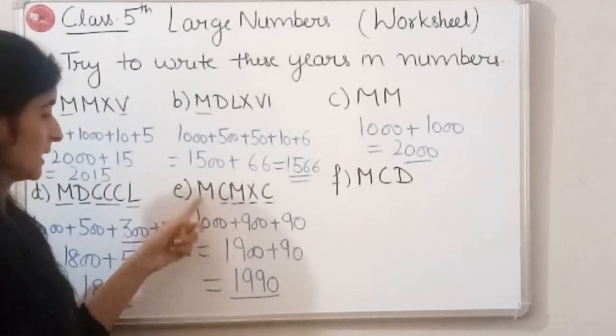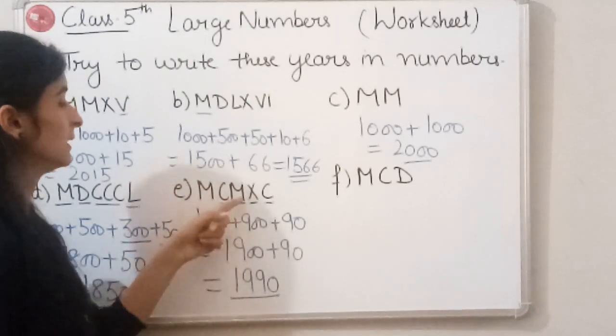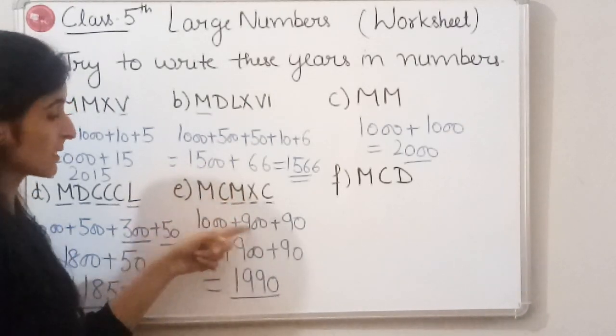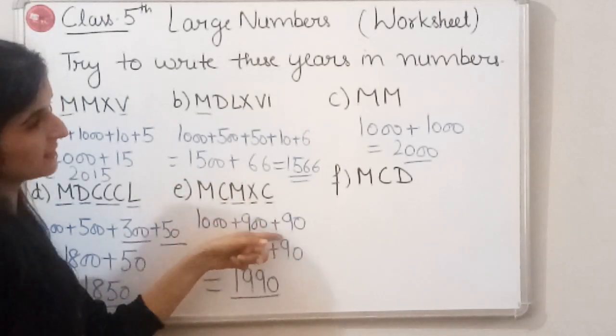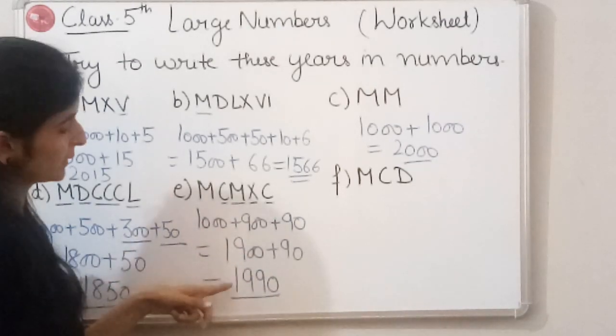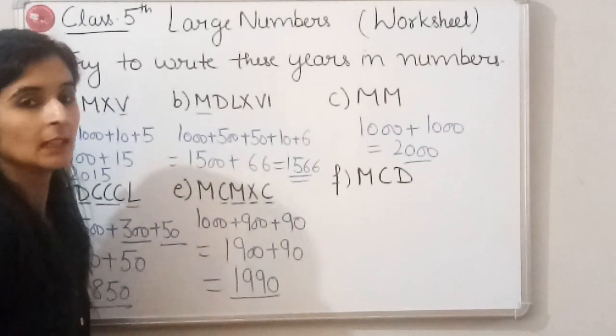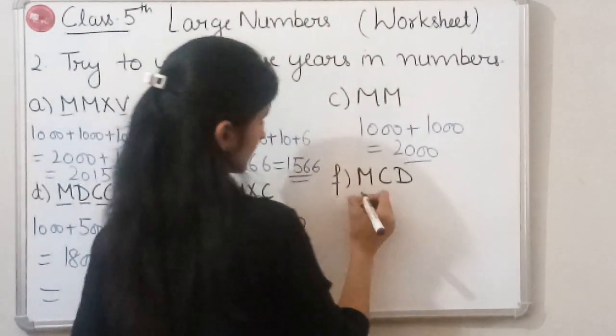What have we done? M is 1000. CM means 1000 minus 100, that is 900. And 100 minus 10 is 90. Then we add them and we get 1990.